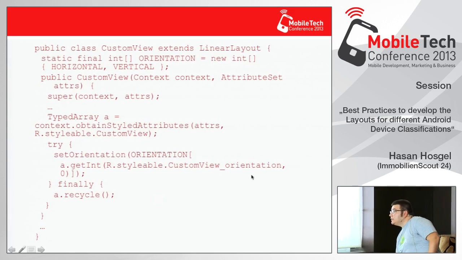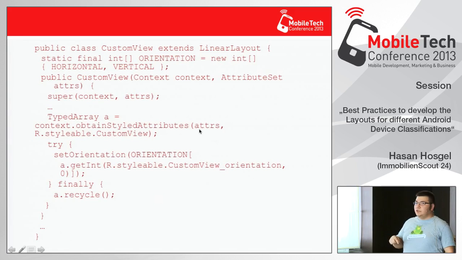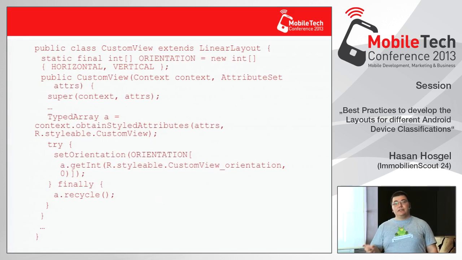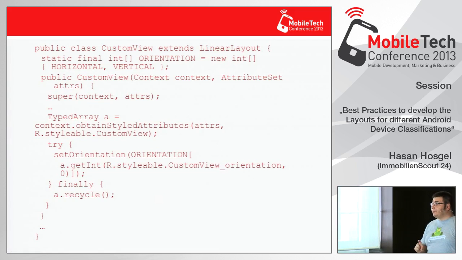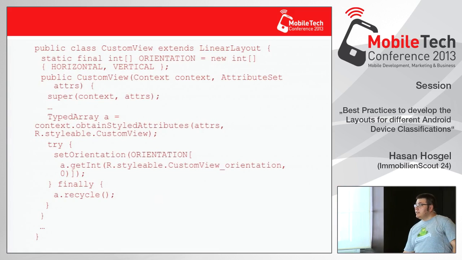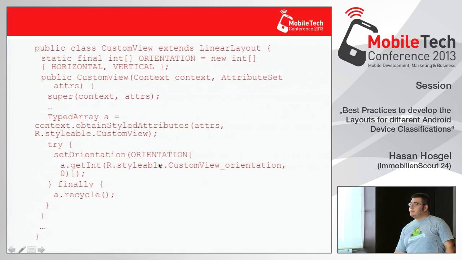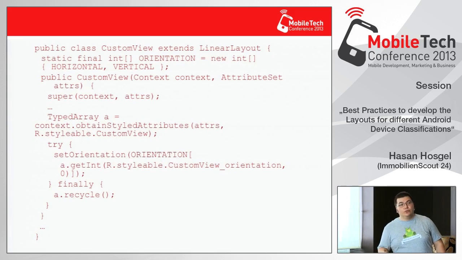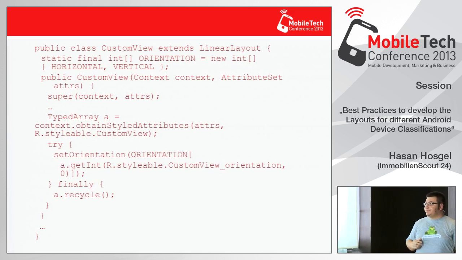You give it the attributes which you get from the constructor, and then the style name which you have given in the resource file for your style. And then you can change the orientation, for example, in that view, depending on the value which you have written there. You can also have a default value, so you don't have to define an attribute there.